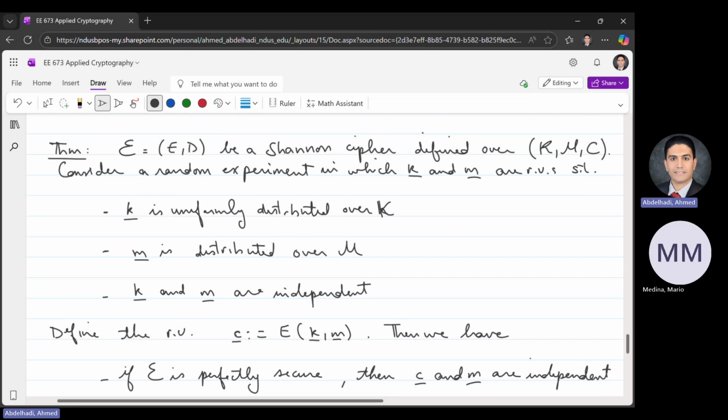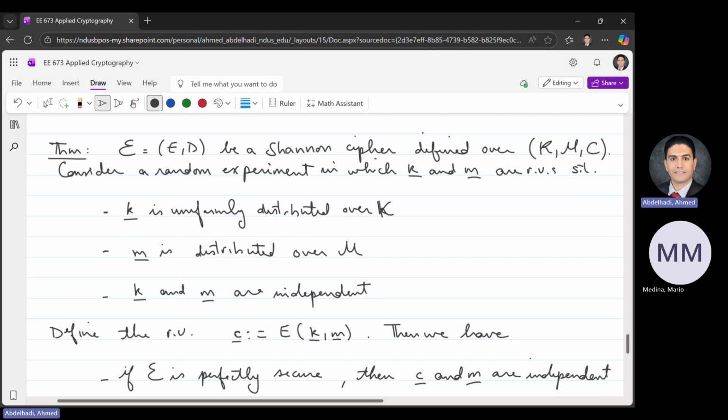The message is going to be a set of words, and you don't have equal probability of all letters inside the text. So it doesn't make sense to make M uniformly distributed. This is why the assumption that M is distributed is okay, but not uniformly. And we are also assuming non-zero probability, so basically you're going to use all the letters when writing a message. Now K being uniformly distributed makes sense, because if you are picking a key, you are deliberately picking a key at random, so you want equal probability of picking any key from that set.